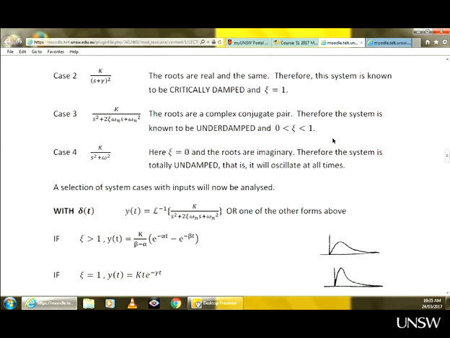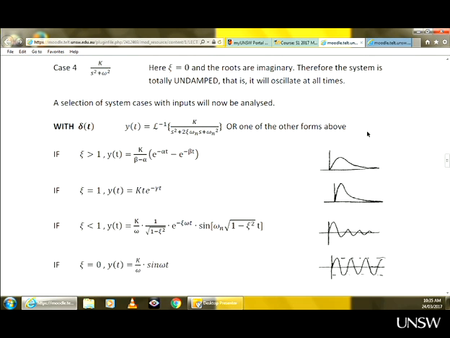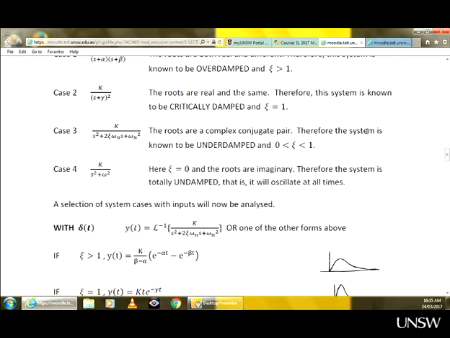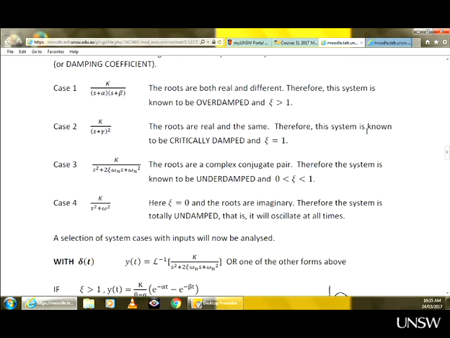Okay, now we have defined all four, not all, there are more. There are cases with psi being negative, between 0 and -1, and -1 to -infinity or whatever. But we will leave those cases out of this course. So we define 4 cases of different damping.